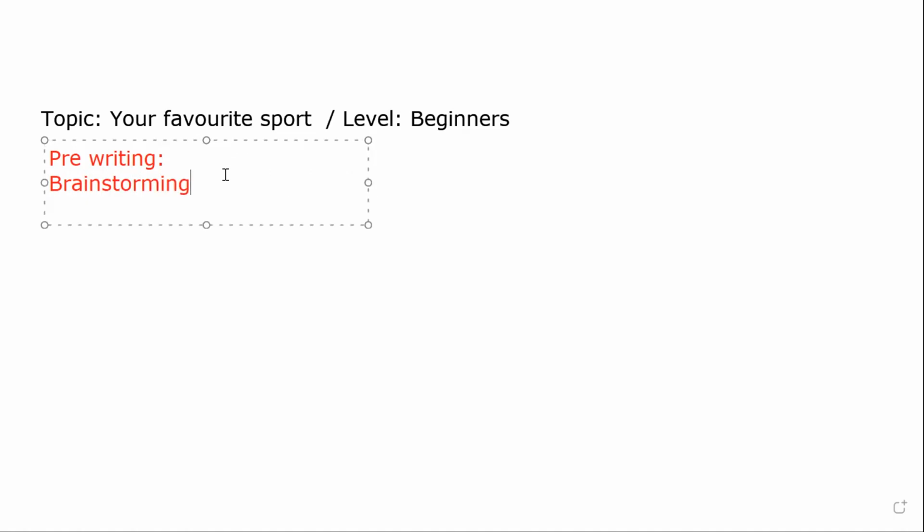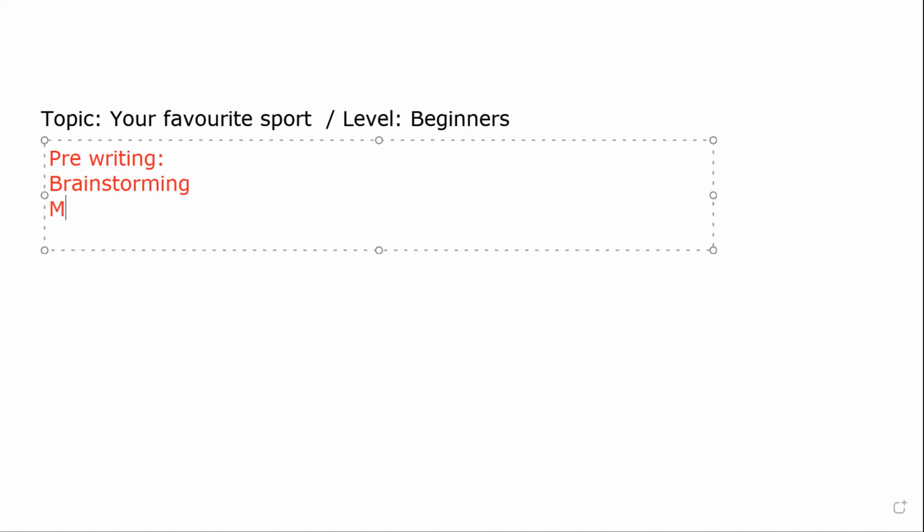So brainstorming here means that students are just going to talk about their favorite sport. I give you an example here. You can ask students, what's your favorite sport? They say, my favorite sport, they are going to write like this. Teacher, my favorite, let me write in the black color.